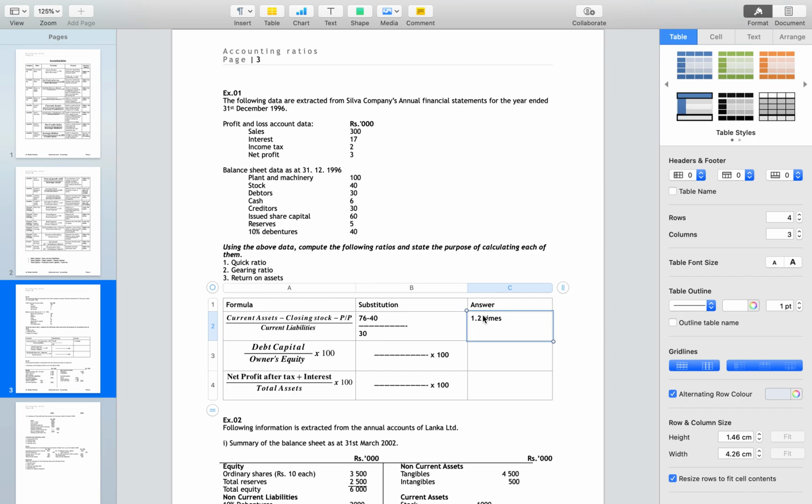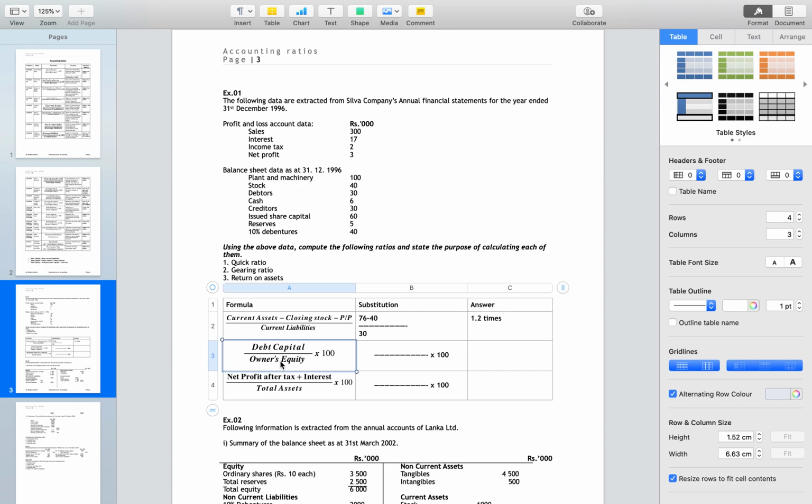Remember, in a given industry, how do you know whether your company is safe or not? If your ratio is 1:1 or more than 1, then your company is safe. So always remember, when it comes to quick ratio, the industry will accept a business if the ratio is 1:1, and then the company is deemed to be safe.